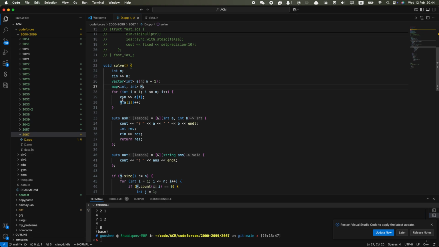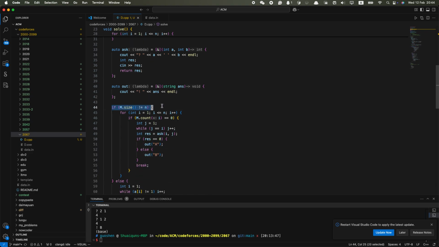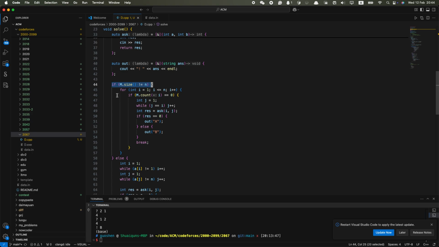In the beginning, we can get all the A, and we can use if else. If the size does not equal n, which means there are some numbers that occur more than once, and some numbers don't occur.